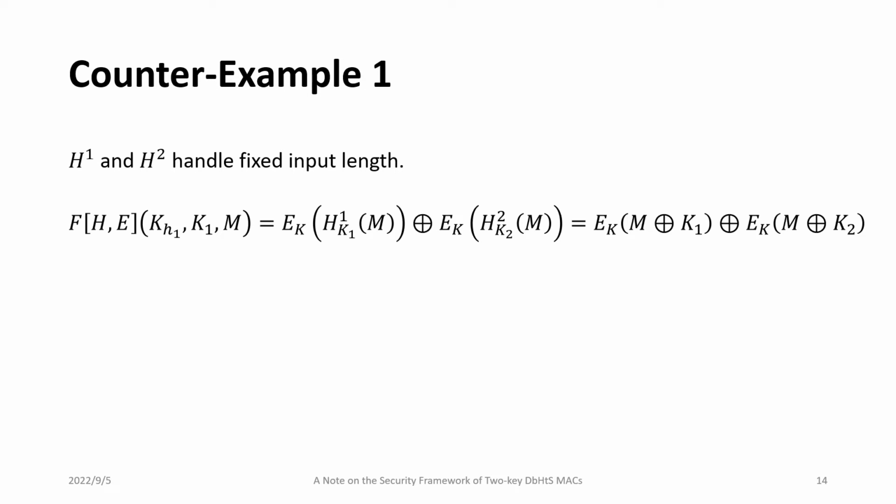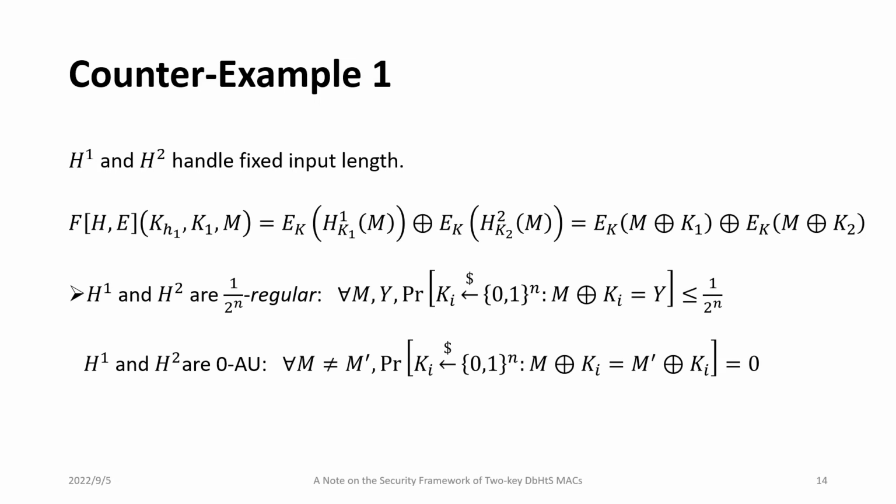Let's see the first counterexample, whose hash functions handle fixed input length. The hash function h1 using key k1 with input m is m XOR k1, and the hash function h2 using key k2 with input m is m XOR k2. Assume the size of the block cipher is n bits.